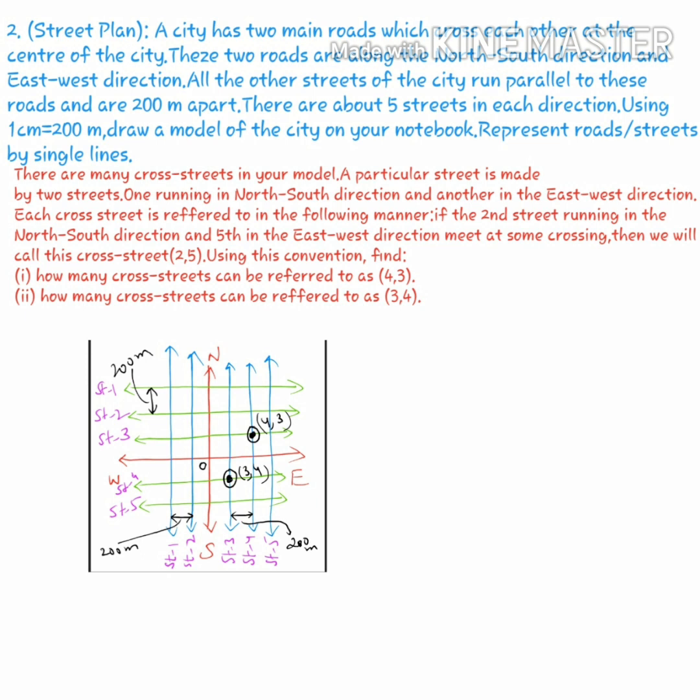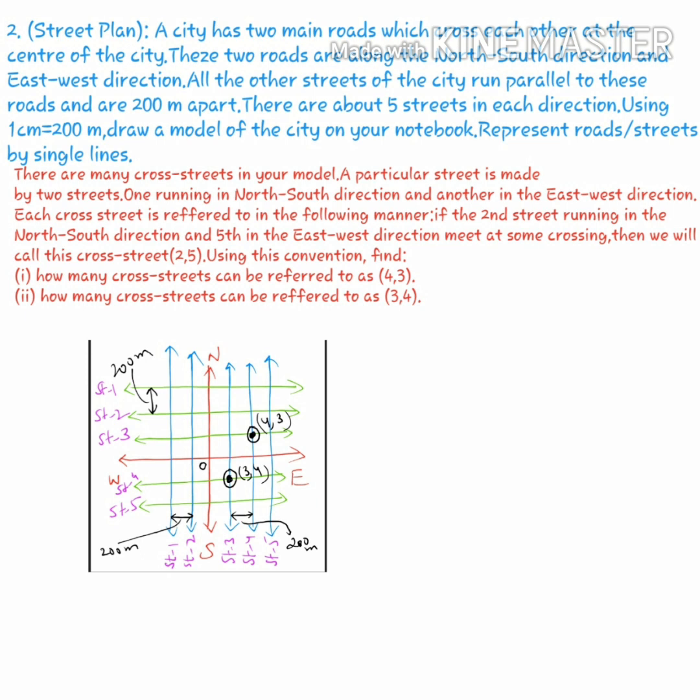First thing to remember, there is a gap of 200 meters marked with black ink between 2 streets. These single lines represent streets. The gap does not represent streets. The single lines marked with arrows are streets, 5 horizontally and 5 vertically.